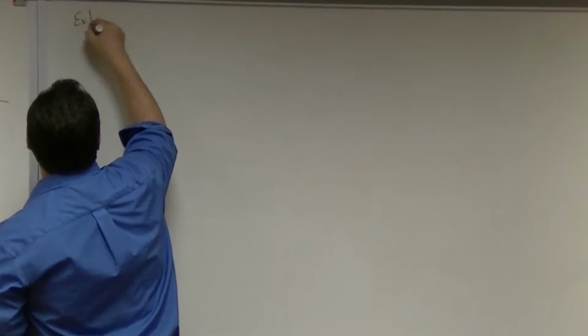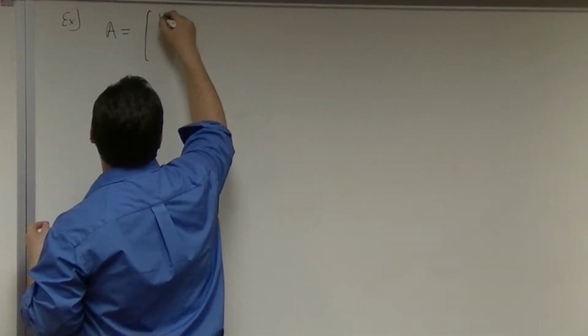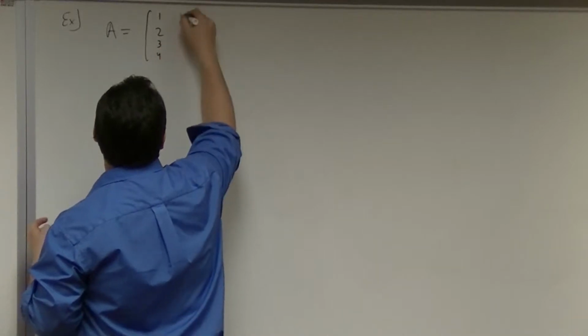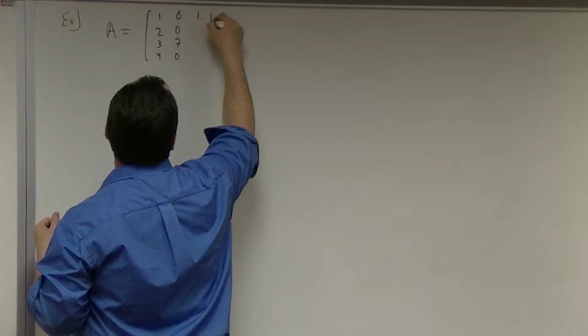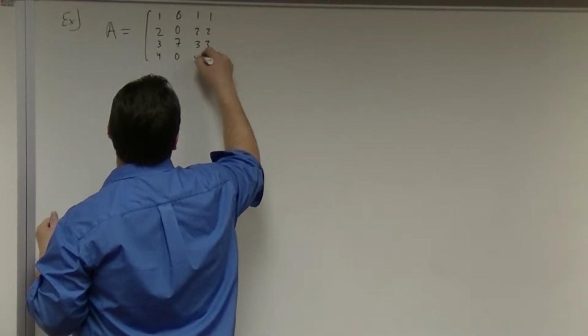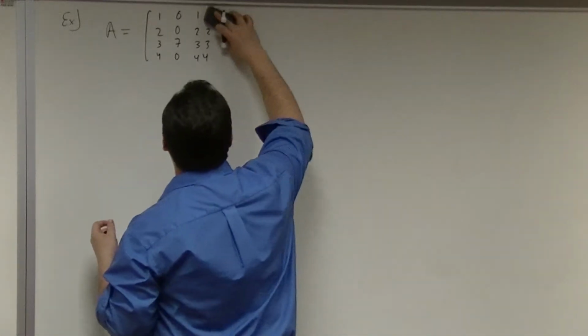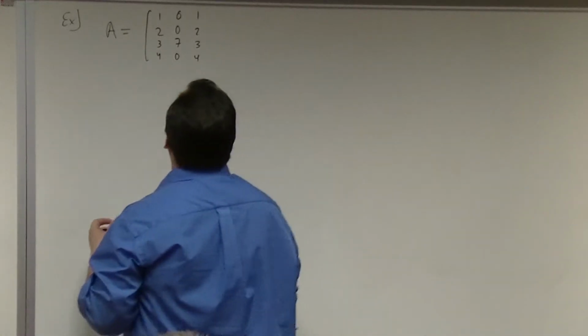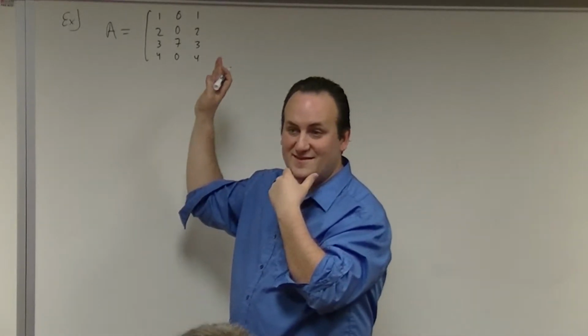So let me just go straight ahead and do a 4x4 example. Suppose A is equal to 1, 2, 3, 4, 0, 0, 7, 0, and then 1, 1, 2, 2, 3, 3, 4, 4. Oh, we already know that's going to be 0. Let's make it more exciting. Oh, still bad. Anytime you have a repeated row or column, you don't need to calculate.